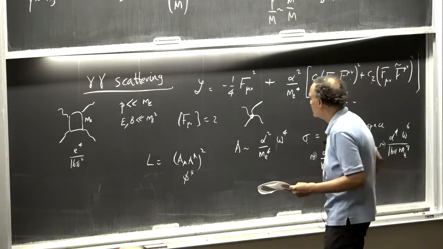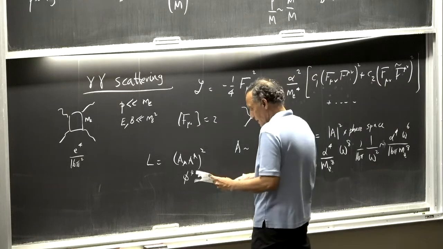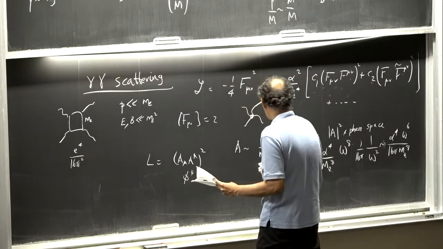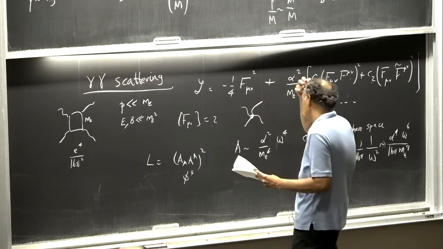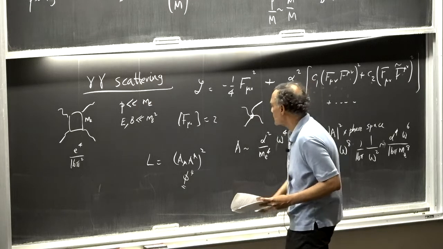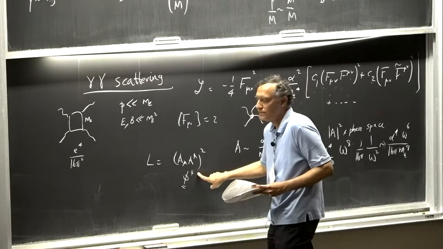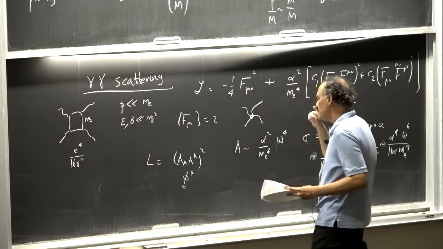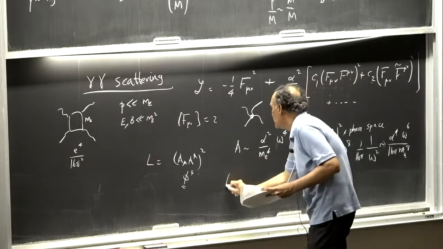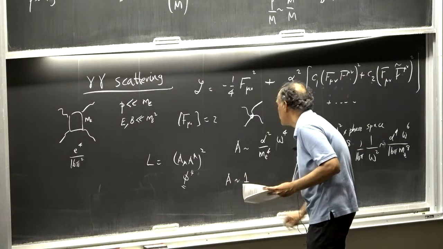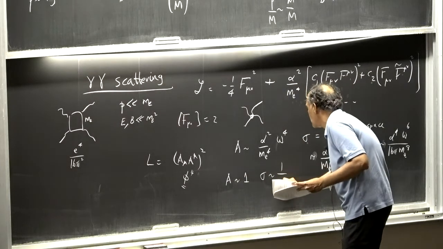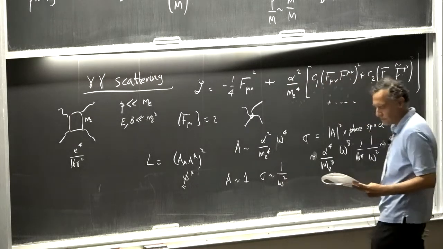And then what you would find is that the amplitude here, well, this is dimension 4. So there is no 1 over me in the denominator. And the amplitude would go like 1. And the cross section would go like 1 over omega squared.